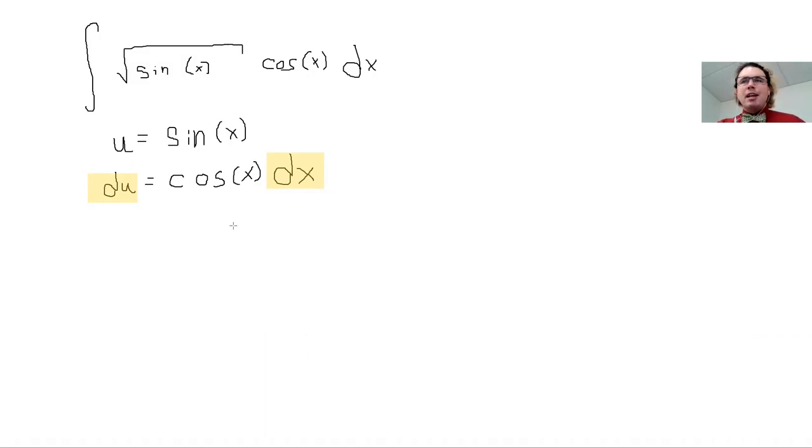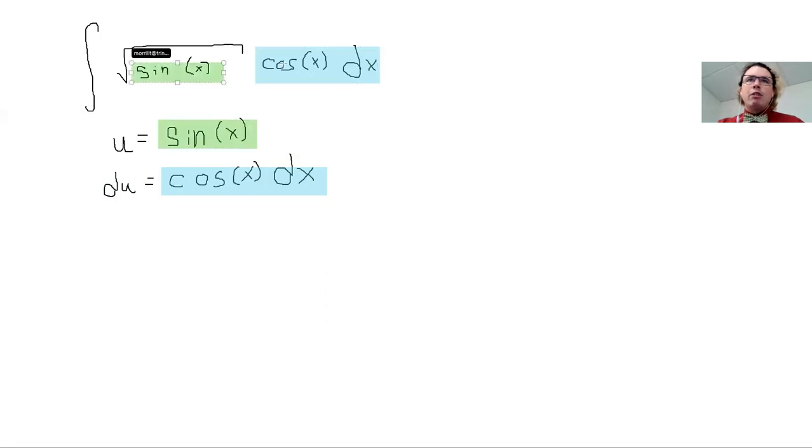But the amount of change between my two variables is not one for one. There's a conversion factor that I have to multiply. And for this problem, I've determined that the exchange rate is that 1 du is worth a cosine of x times a dx. This is really handy for me because that's exactly what I see in my integral.